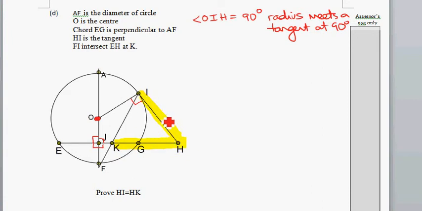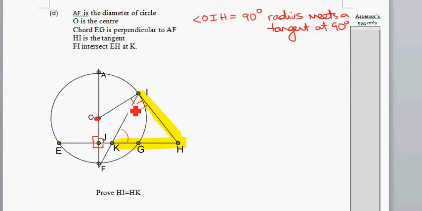One of the easiest ways to prove that two lengths are the same is to prove that the triangle is isosceles, because if it's isosceles with the base angles here and here, then that would be enough to show that those two lines are the same size.